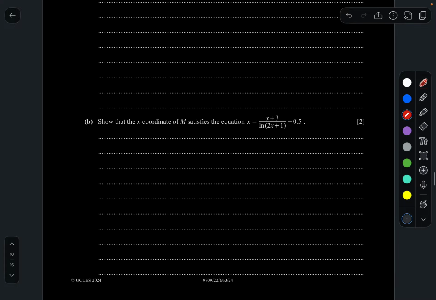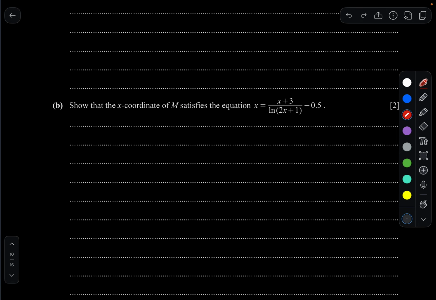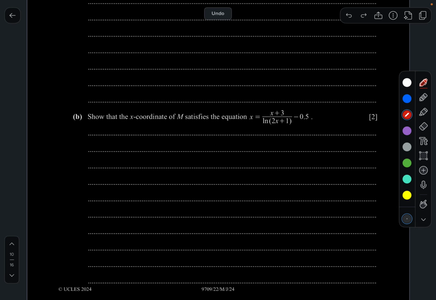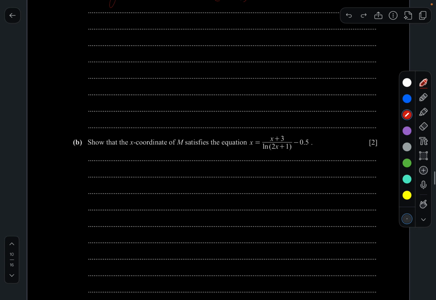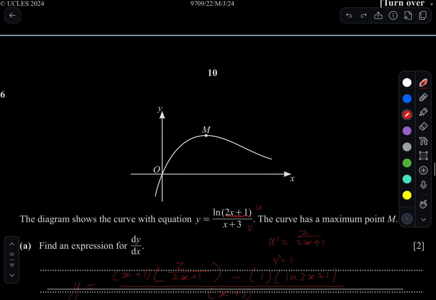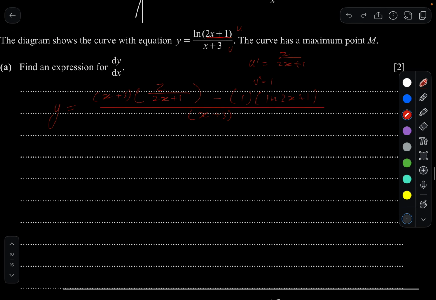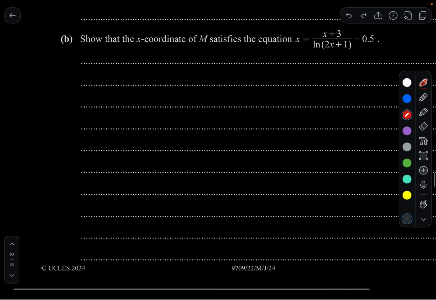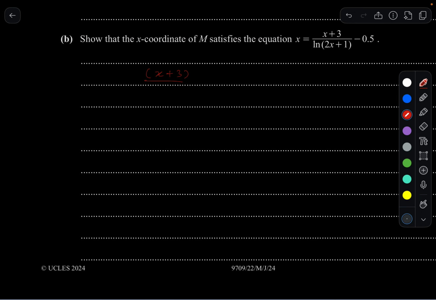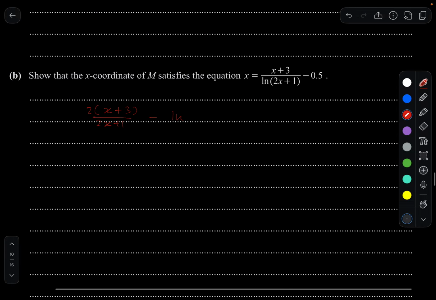And then they say now, find the x-coordinate of m, show that the x-coordinate of m satisfies the equation of this one. So the x-coordinate of m is the maximum. To get that, you need to take the derivative, which is basically x plus 3 divided by, which is 2 here, 2x plus 1. Then it's a minus ln of, did I say minus here? Yeah, good.